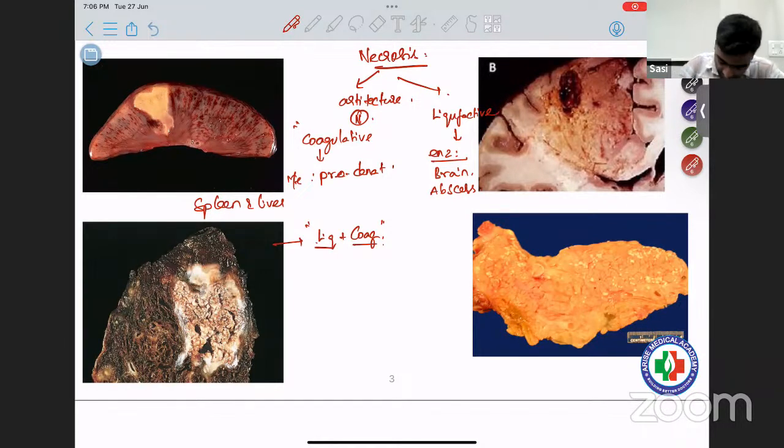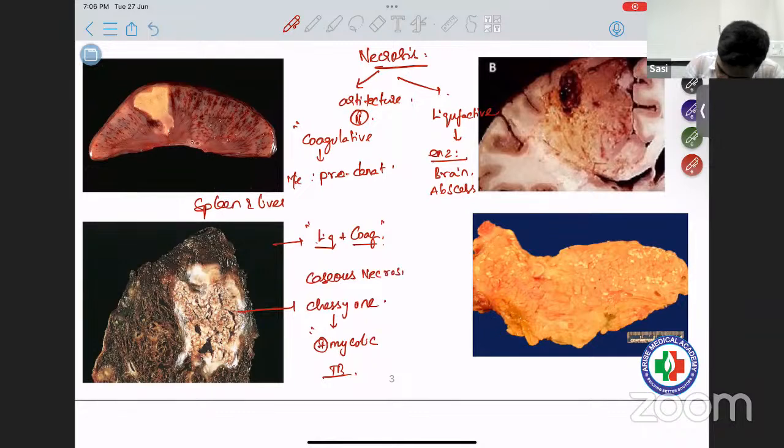Yeah, the TB one, which is because of the presence of mycolic acid in the TB bacilli. And this is known as the caseous necrosis. It's one of the special types of necrosis, and it's most commonly seen in the lungs.